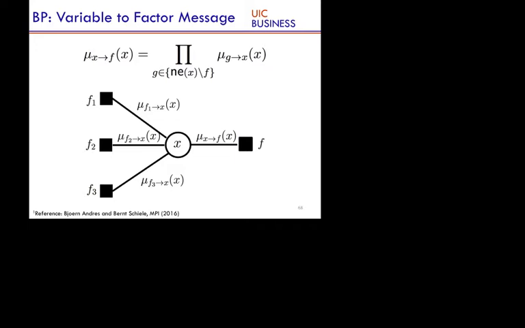So that's the notation here: neighbors of the variable except the factor node that I want to send the message to. I'm just going to take the product of the factors, and these factors have to be functions of the same thing. That's why I can multiply them element-wise; otherwise it becomes fuzzy. So is it clear how a variable to factor message is generated?